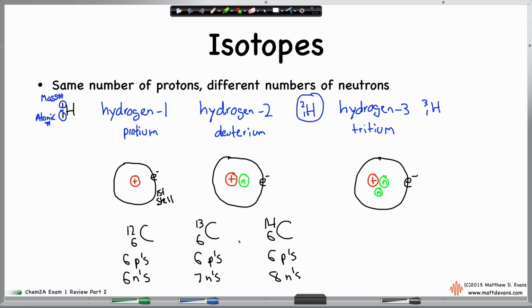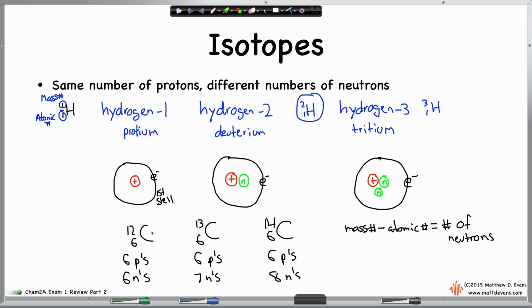Now, the way I'm calculating the neutrons, of course, is the way you quickly get that is you take the mass number minus the atomic number. So the bigger number minus the smaller number gives you the number of neutrons. It's a very simple calculation.